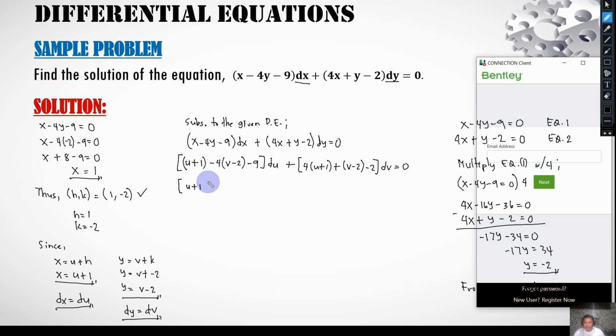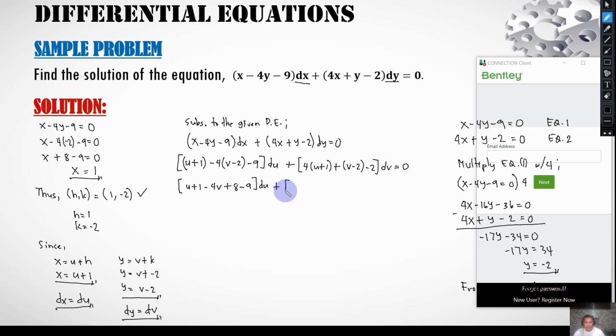So this would be then minus 4v, then plus negative 4 times negative 2, so this is plus 8, and this is minus 9, and this is du.